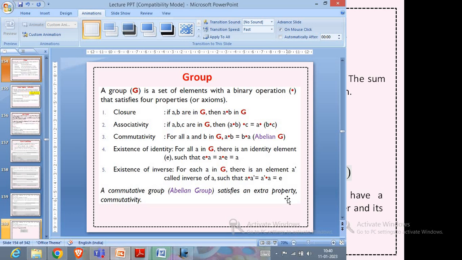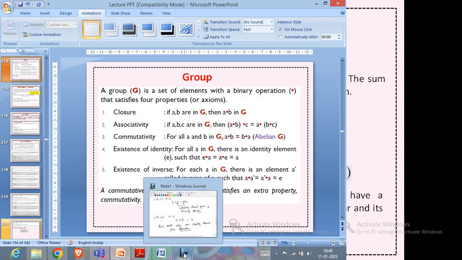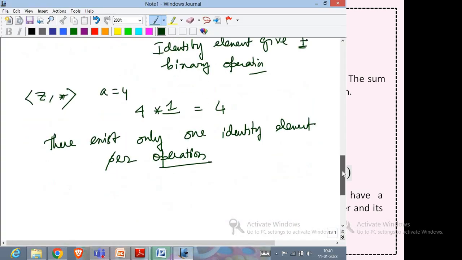If you are considering 0, you will have a different set of inverse elements. If you have 1, you will have a different set of inverse elements. So let's prove that also. Inverse element is what we are talking about.